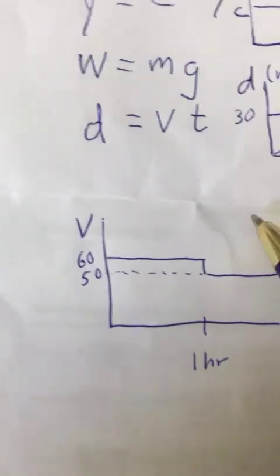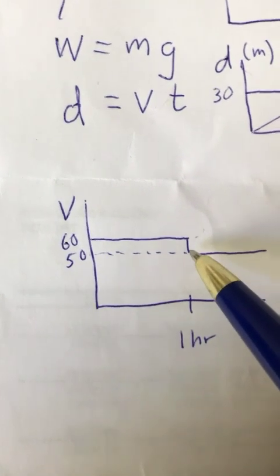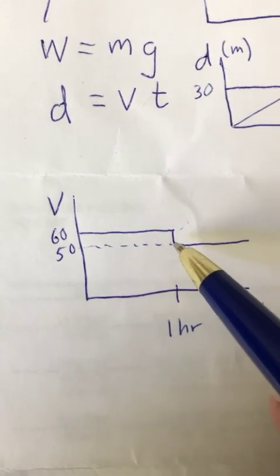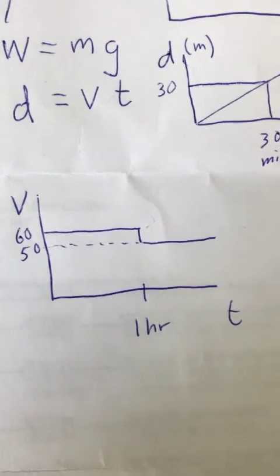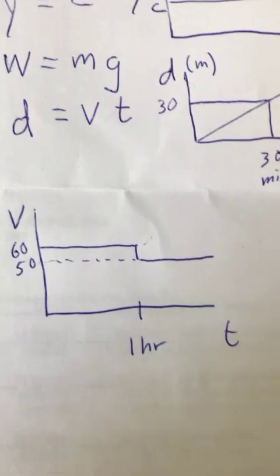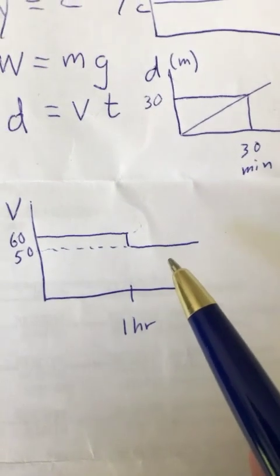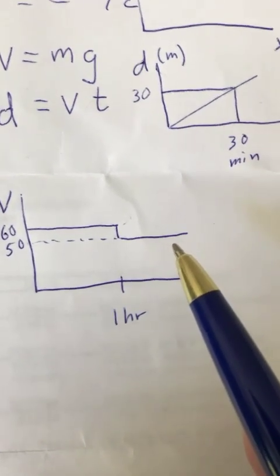And yes, the time between when he steps on the brakes and when he comes down from 60 to 50 is not 0. It might be a second or two. It's not 0, but we're going to idealize it that way. So if we do that, this function is still a function, but it's called piecewise continuous.